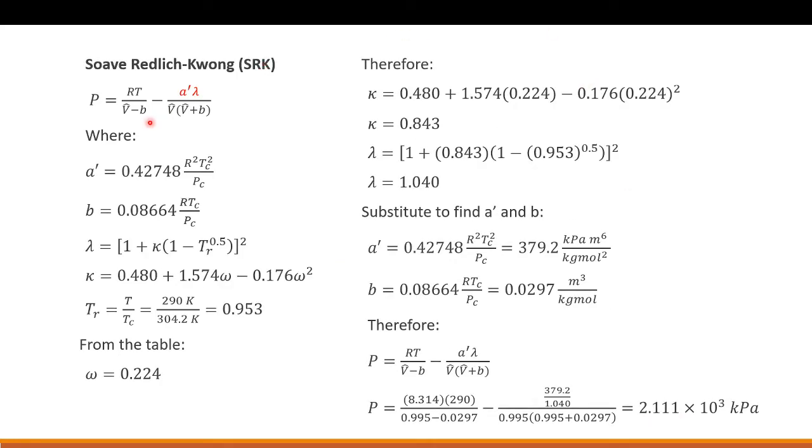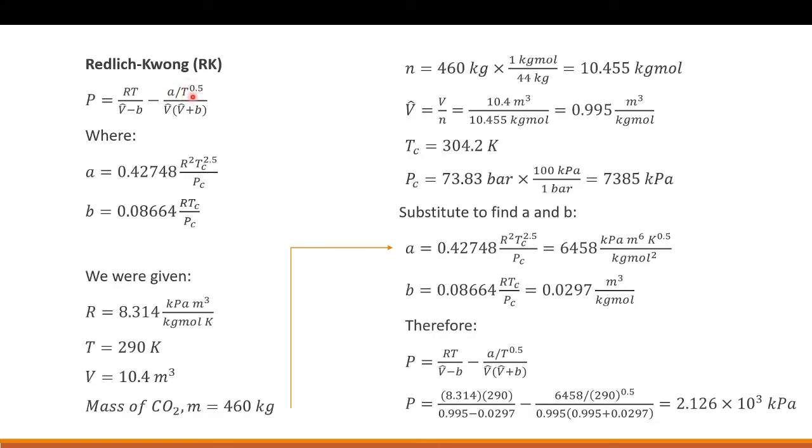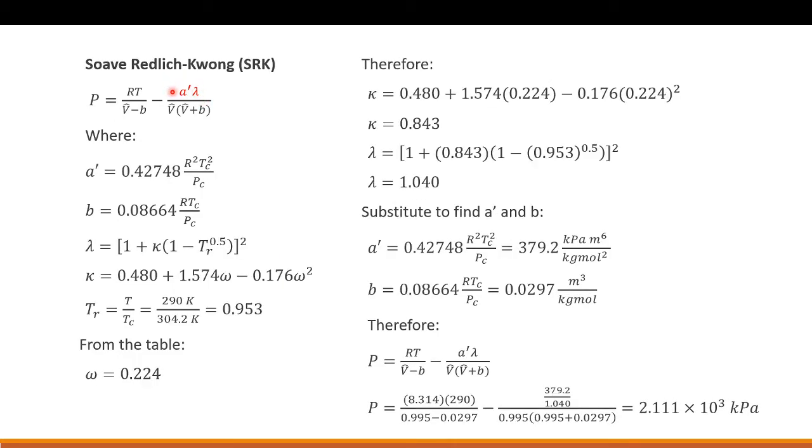For the Soave-Redlich-Kwong equation, the only difference is this part here. It changes from A divided by T to the power of 0.5 to another type of A. The equation for A is different, multiplied by lambda.